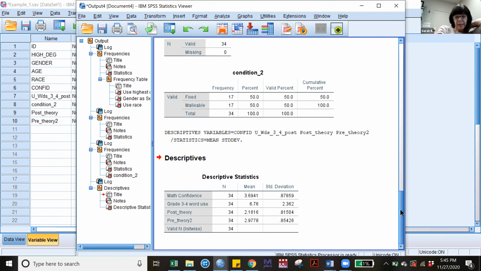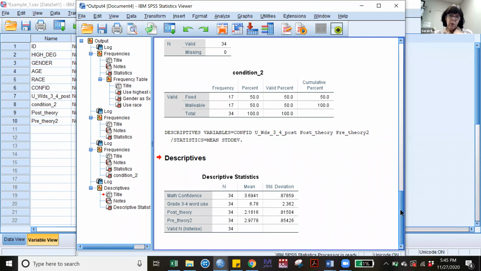So we have complete data, n equals 34 on all 4 of the variables. The word use is a count. Math confidence, theory, and pre-theory are, I believe, all scaled on a scale of 1 to 6.